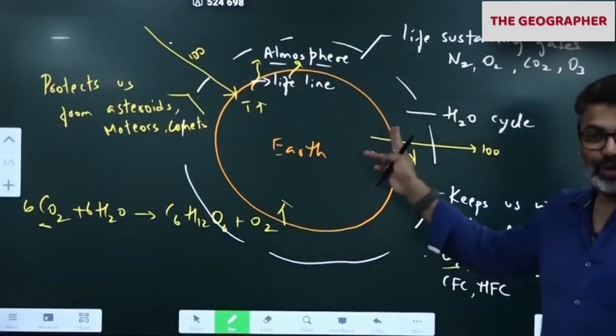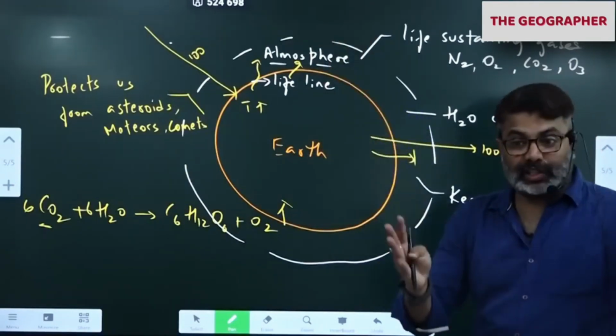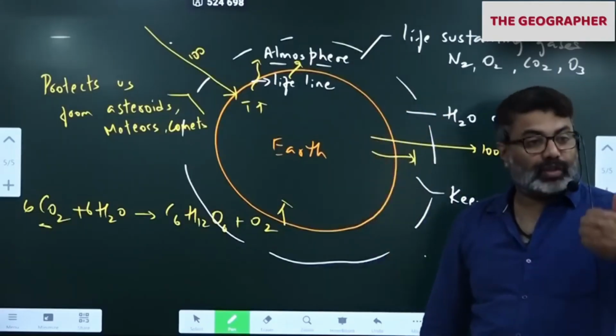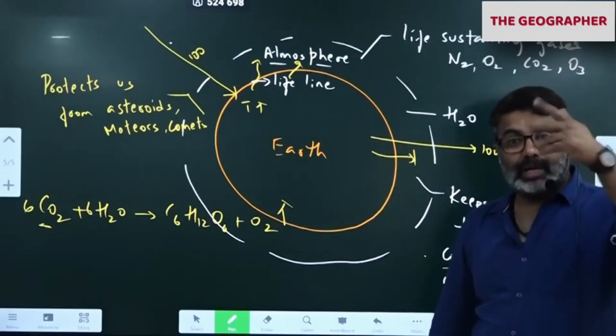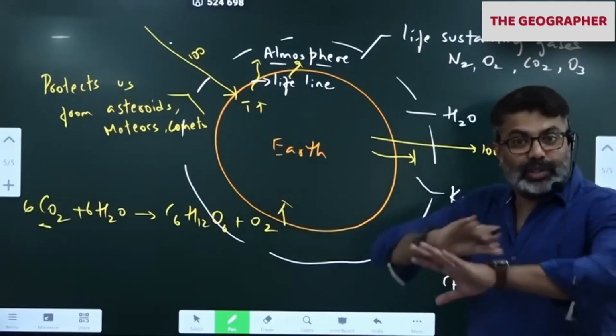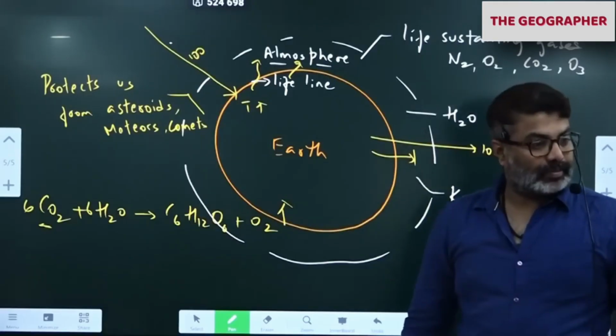Oxygen is there in our atmosphere. As soon as they enter at high speed, friction increases, heat increases, and because of oxygen they catch fire. Most meteors and asteroids burn up inside our atmosphere without reaching the ground. So our atmosphere is actually guarding us from asteroids.